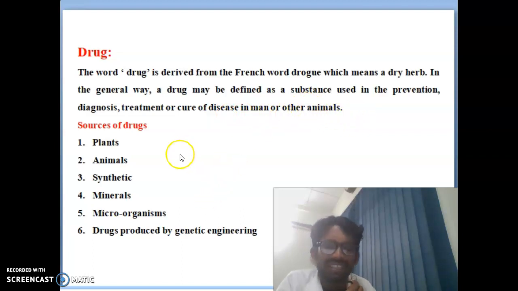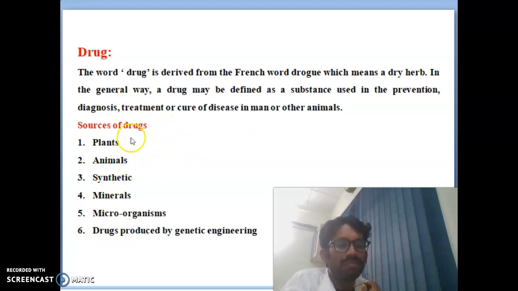The sources of drugs, you can see here six sources of drugs now prepared in the market: plants and animals, synthetic drugs, minerals, microorganisms, and drugs produced by genetic engineering like hormones. Okay, the plants, animals, synthetic drugs, minerals, and microorganisms are antibiotics, and drugs produced from biotechnology, genetic.